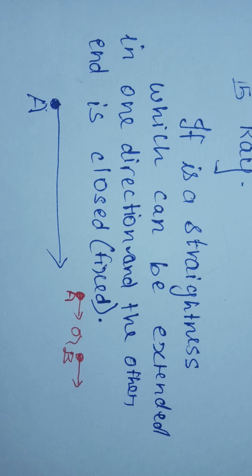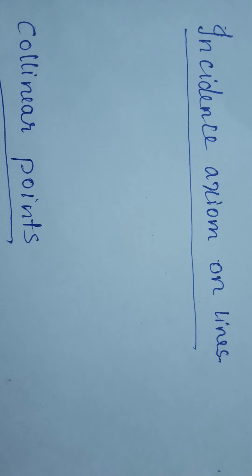Now the next comes the incidence axiom on lines. This term is a new one. This incidence axiom on lines has three types. One is that through a given point infinitely many lines pass, and it's known as an incidence axiom on lines.